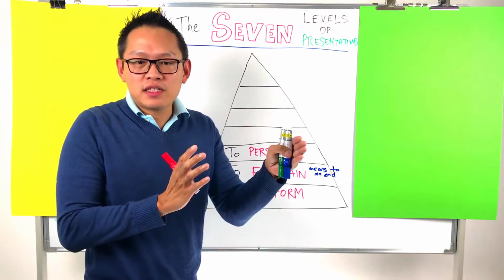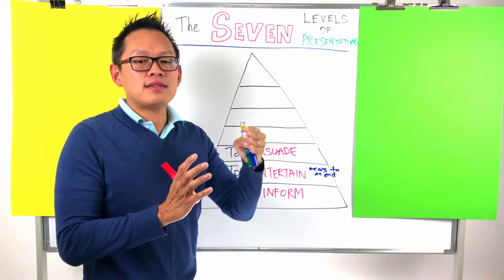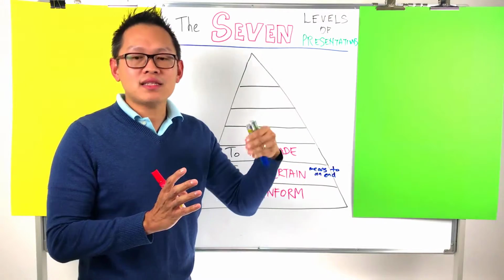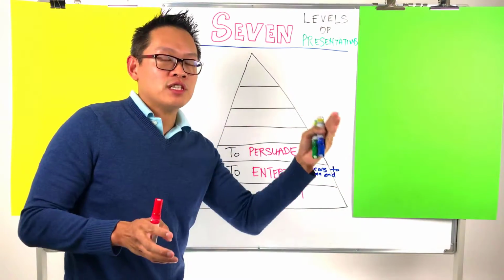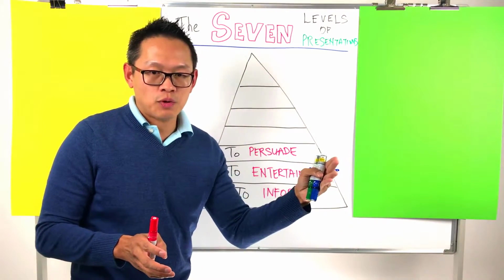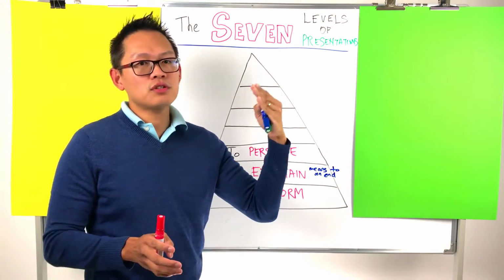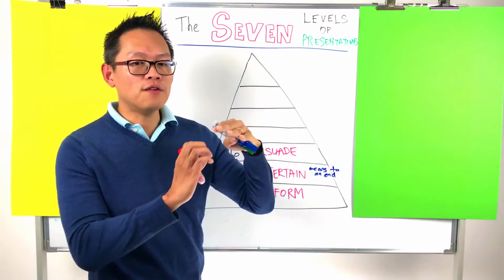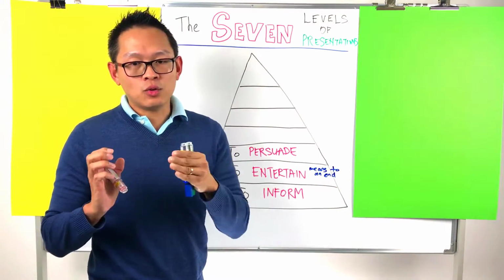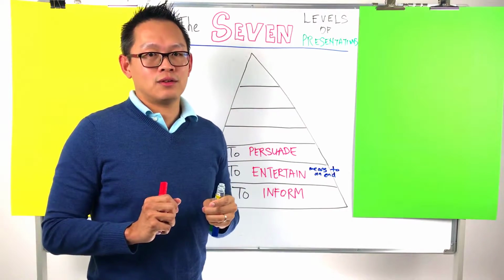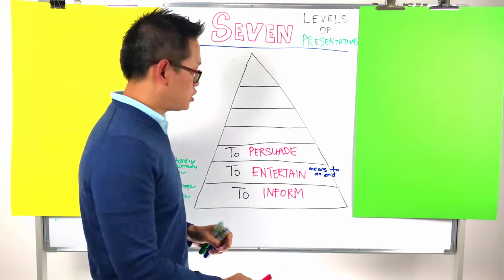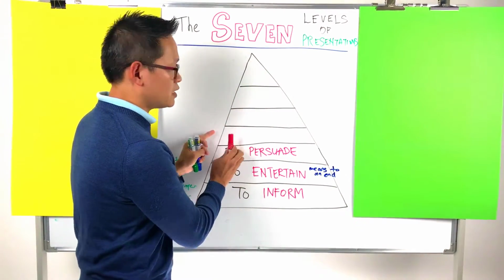You want to convince someone to agree, to accept, or to understand your ideas through certain reasoning or certain facts that you provide, or certain emotional stories that you share with them. So you can see there is a huge difference between to persuade and the next level.